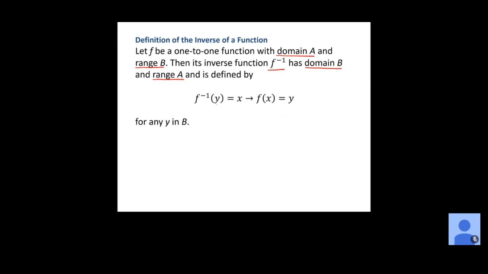Notice here, the f inverse of y is just switching the x and y values for the f of x equals y function. So that's really all you need to understand here: when you're finding an inverse function, you're switching the x and y values. You're switching the domain and the range.